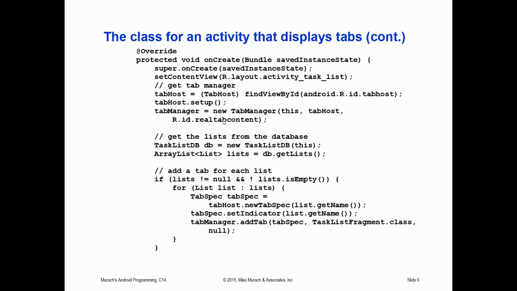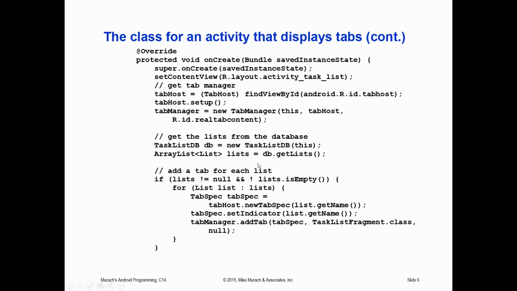This is all a method of lining things up. So we're writing code basically to set up our user interface. After creating the TabManager object, it creates a new object from the TaskListDB.